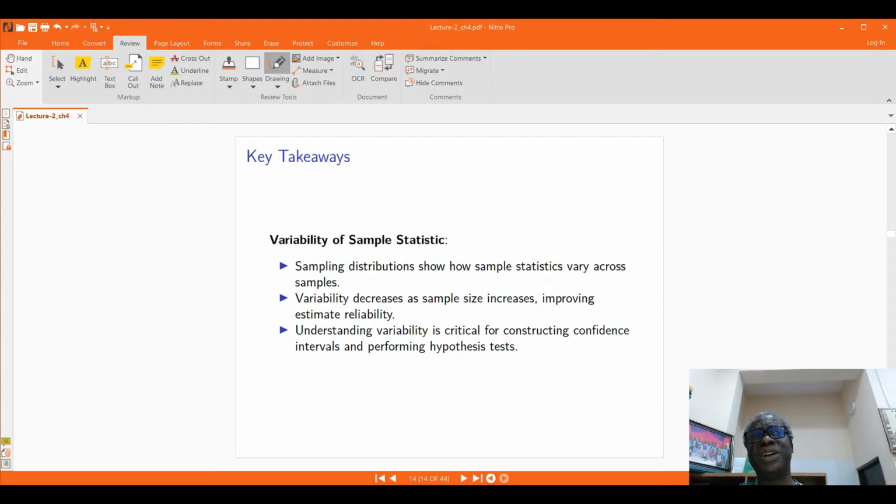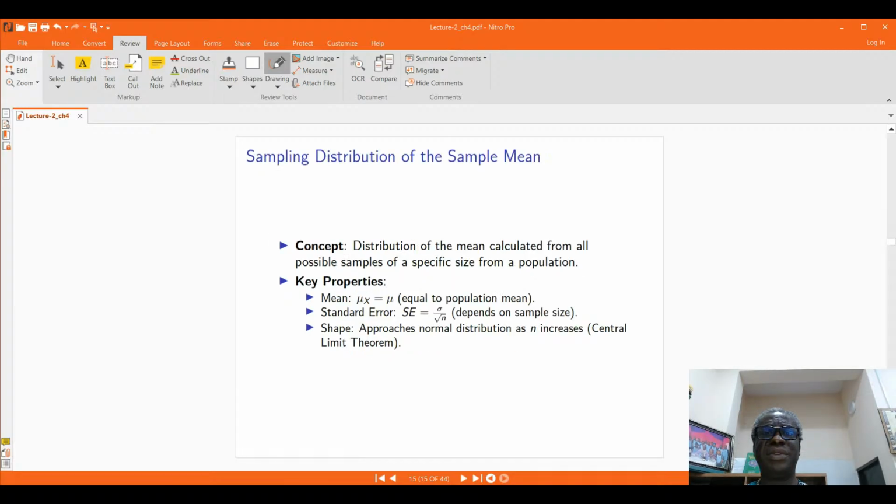In other words, you are reducing the variability of the sample statistics. So we've talked about this sampling distribution of the sample mean. Those are things we talk about, and the key properties.